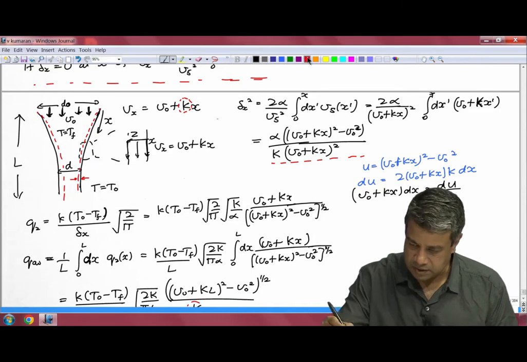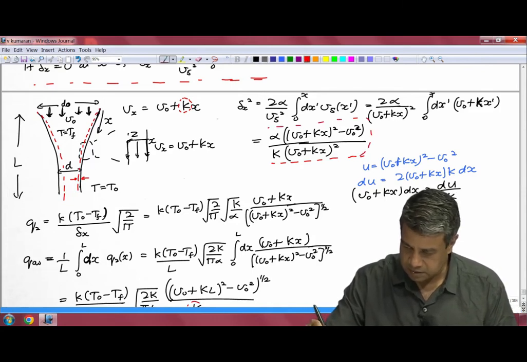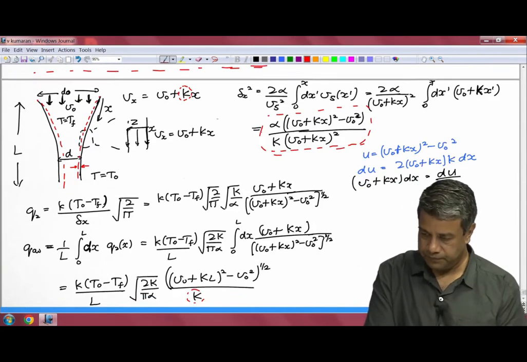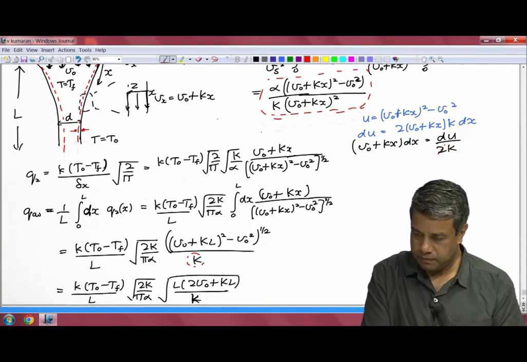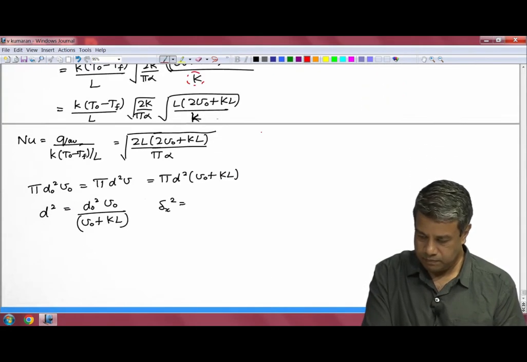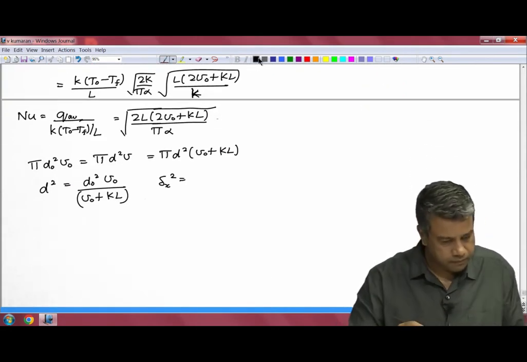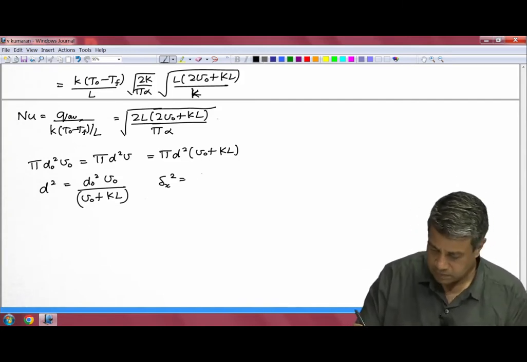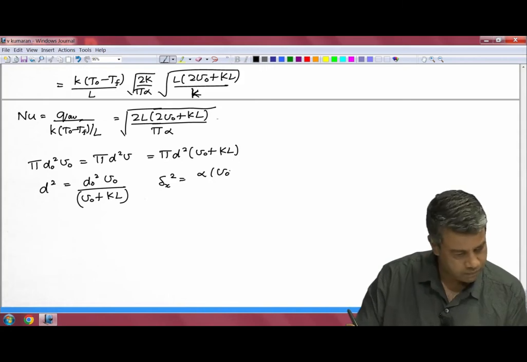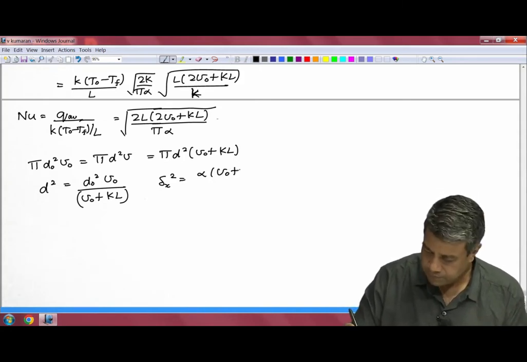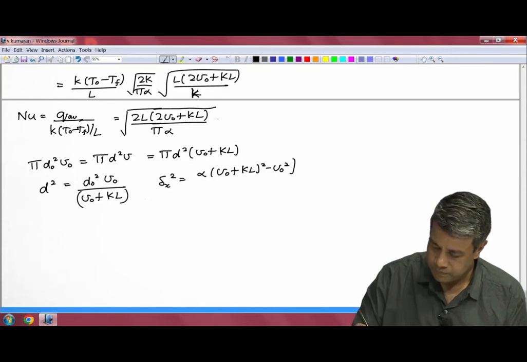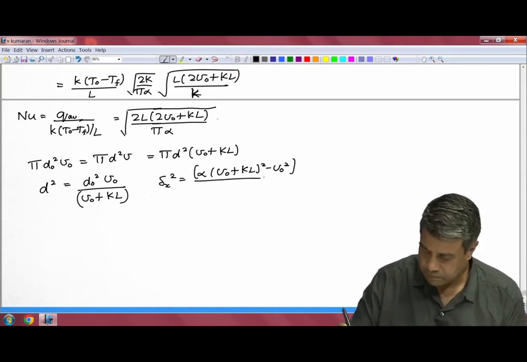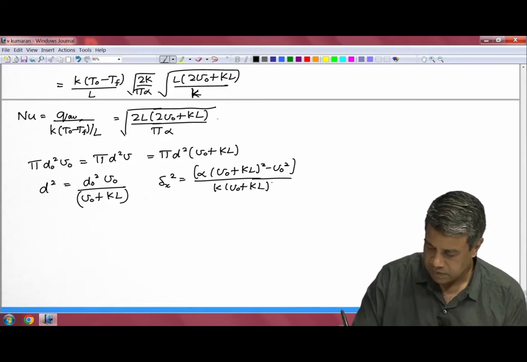Delta x square was given by this. The whole square.